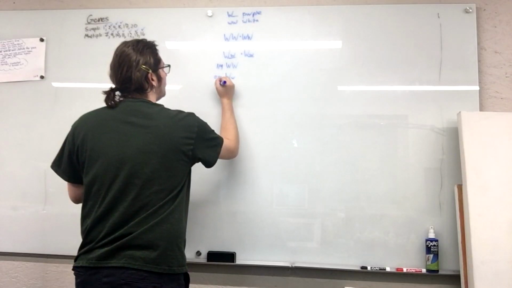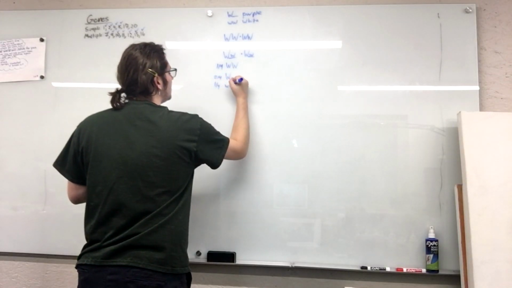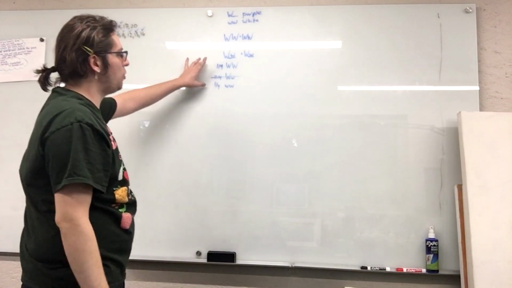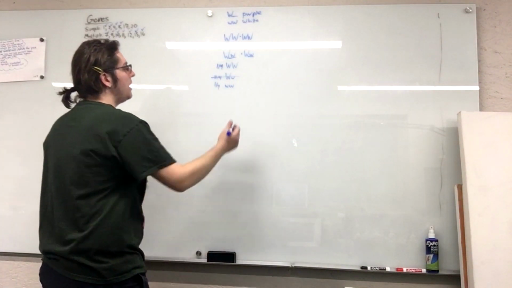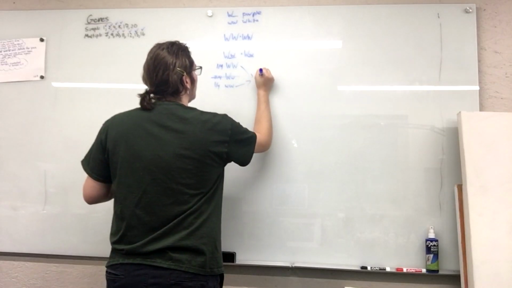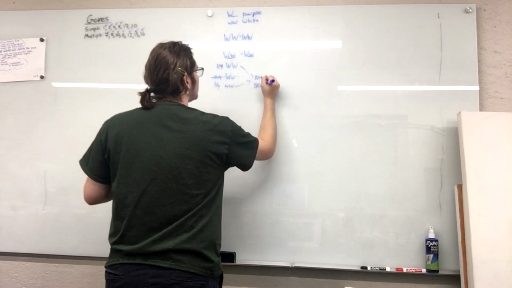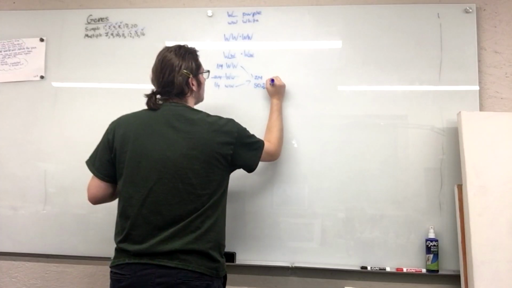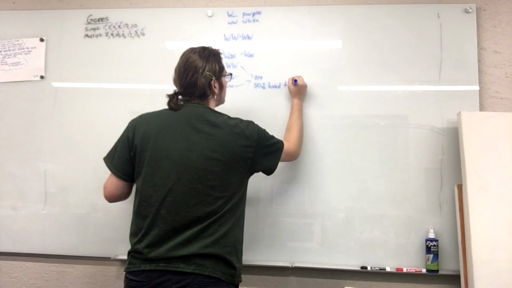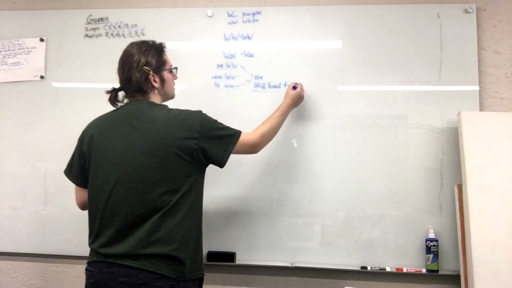We're going to have 1/4 be little w, little w. We can just cross out this one. What percent of the total would be true bred? Both of these are true bred, so we're going to have 2 out of 4, or 50% that are going to be bred true, homozygous. And there's our answer.